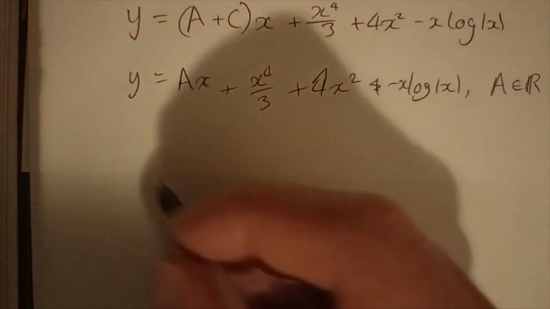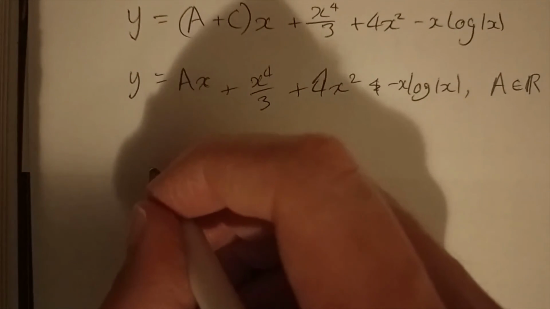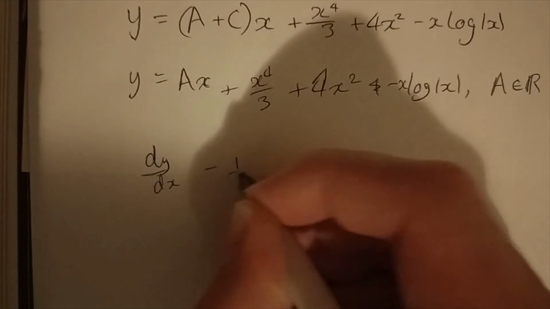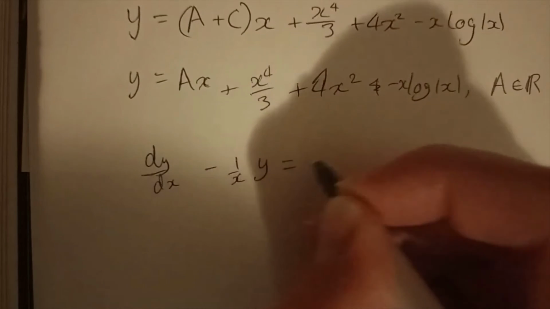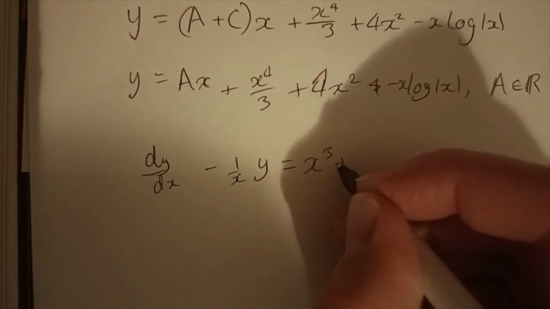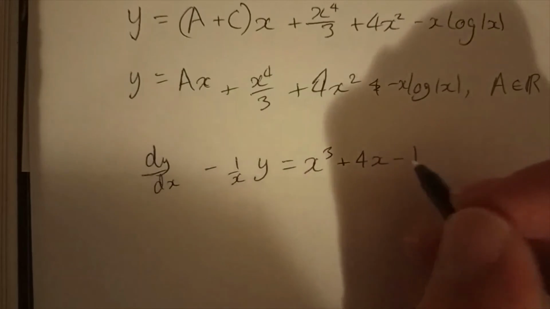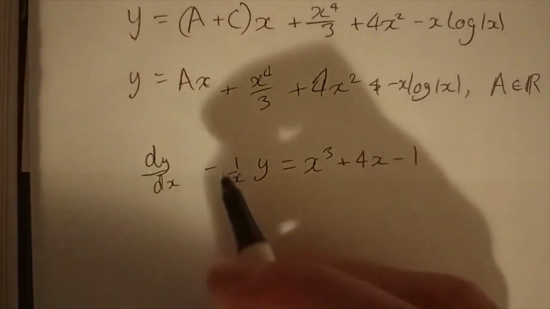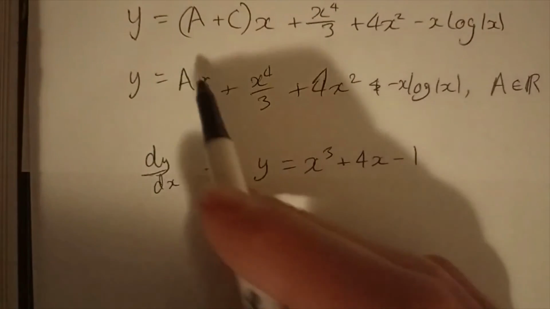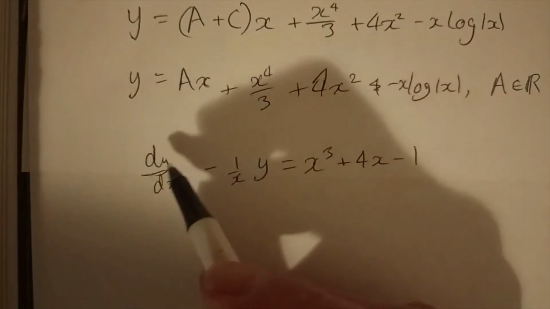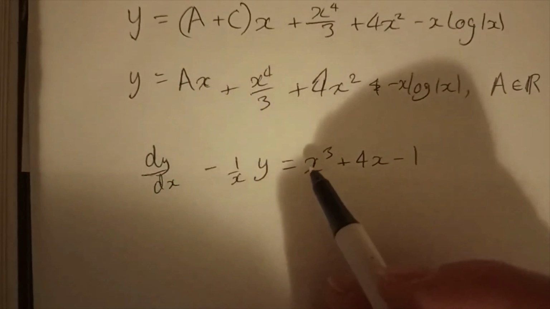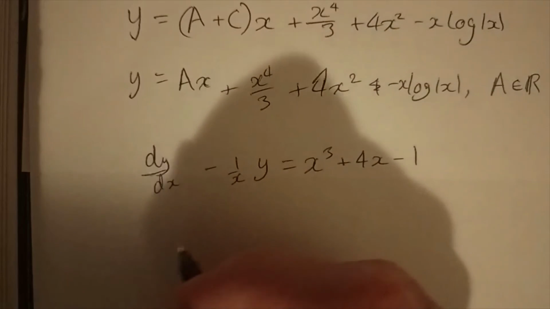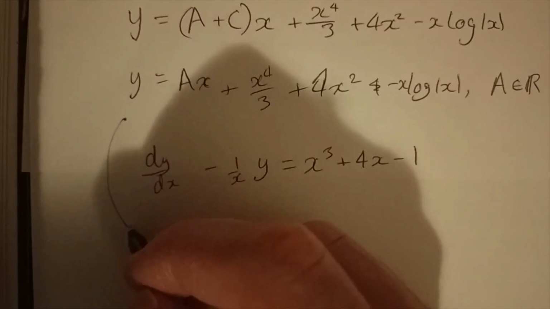And we can check that it indeed solves the differential equation. So we just need to substitute this into here and take the derivative and substitute that in there, and we'll check that it equals x cubed plus 4x, take 1. So to do that, we'll take the derivative of this term here.